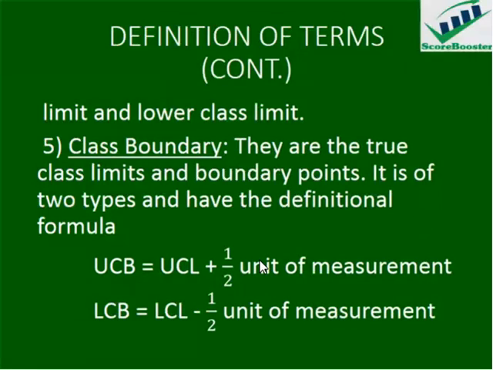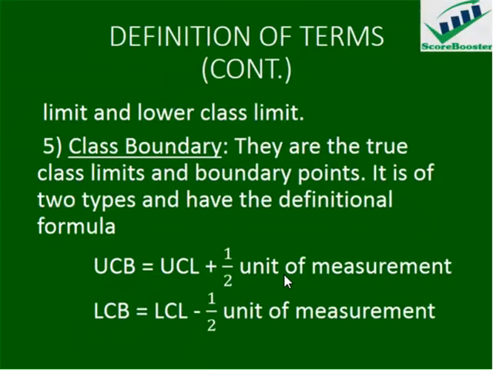What they mean by units of measurement is, the class I used as an example before is class 5 to 9. We can see that it is increasing by 1, which is just 1 unit. So if you want to obtain the upper class boundary of the class 5 to 9, you take the upper class limit, which is 9, plus 1 over 2.